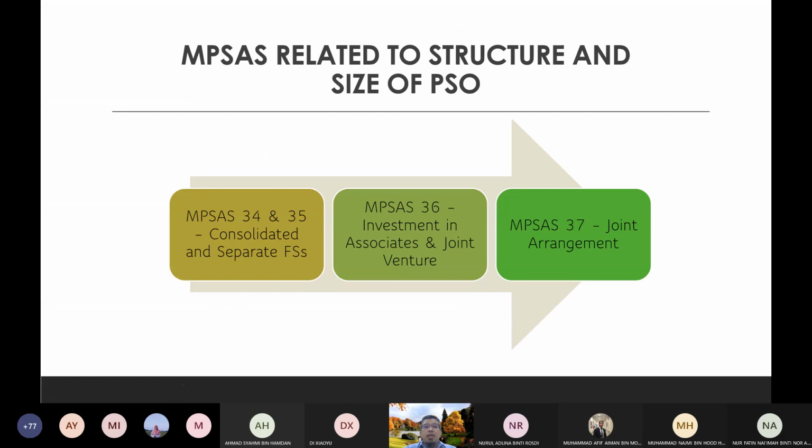Right, and then now these are MPSASs related to structure and size of public sector organizations, including MPSAS 34 and 35 regarding consolidation, MPSAS 36, investments in associates and joint ventures, and MPSAS 37, joint arrangements. I just highlight this, but no specific discussion of the details of the standard, because I think you learn this in other courses as well.